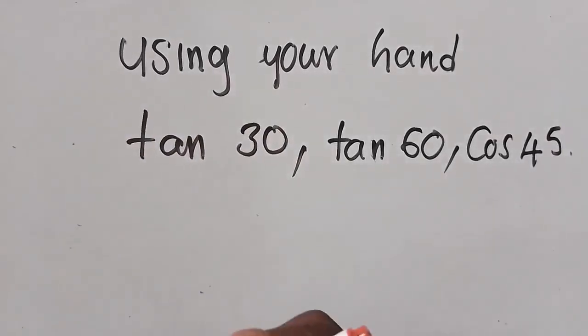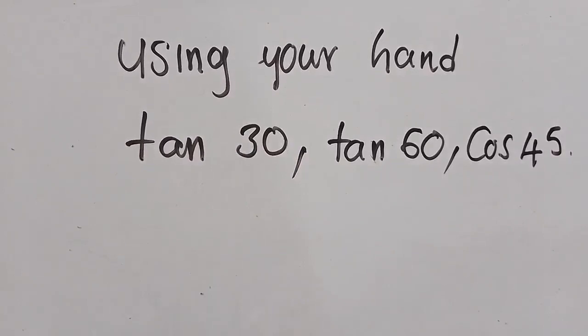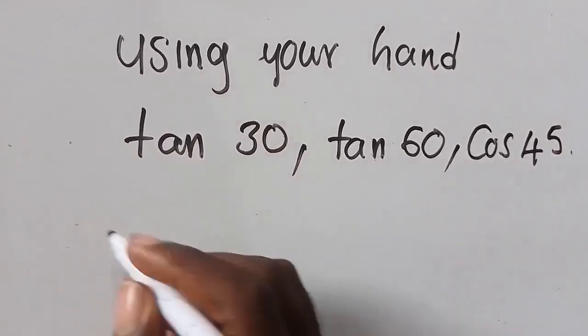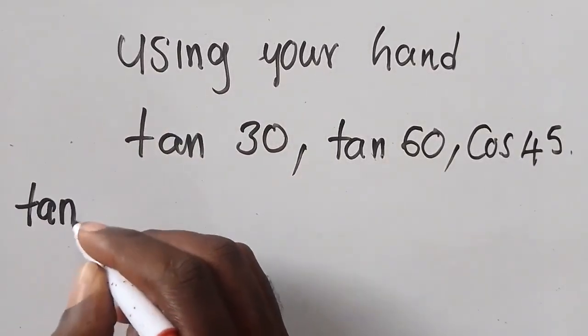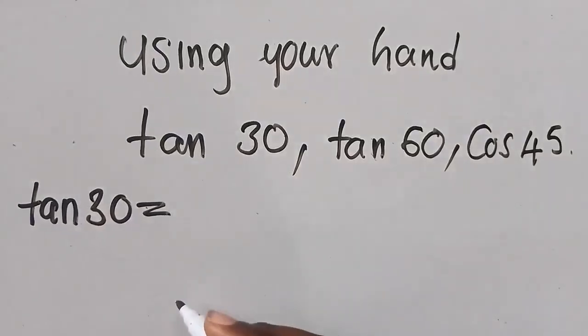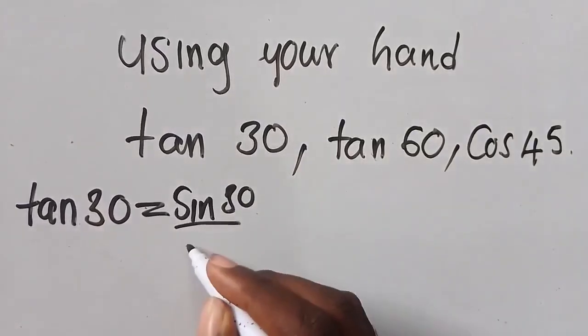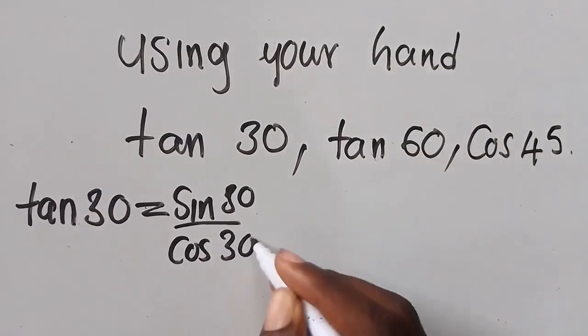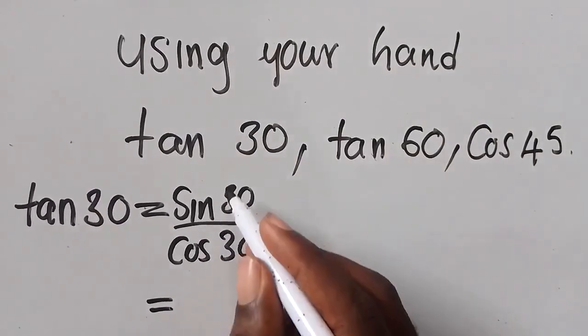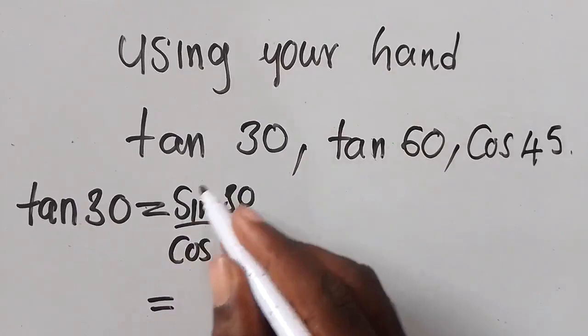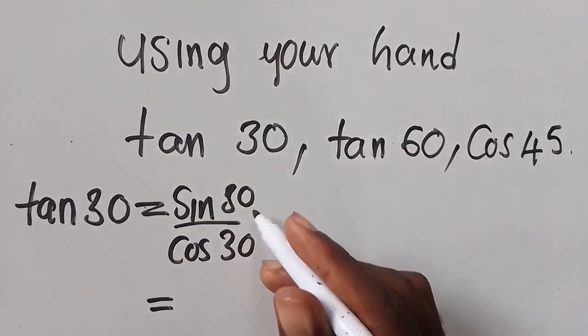Have you seen? The formula for tan, you know that you want to find tan 30. So tan 30 is equal to sine 30 over cos 30.